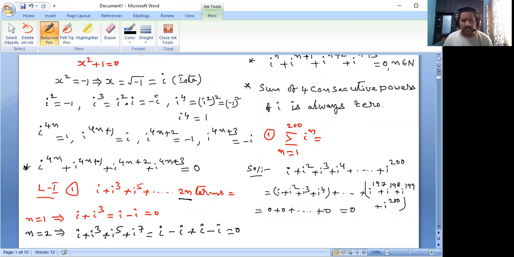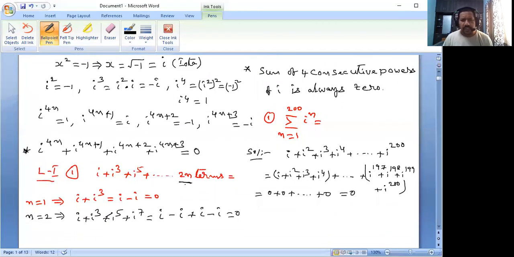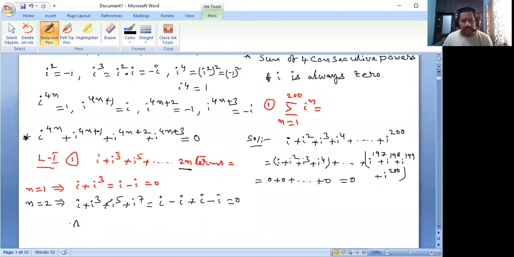What is the total answer? By observing the question, what is the final answer? The answer is 0. This is level 1 first bit.